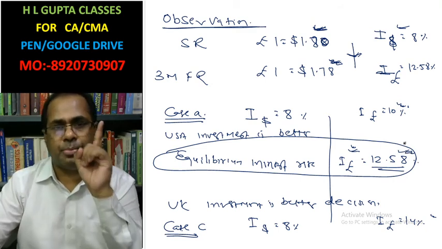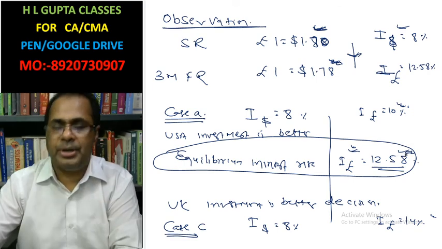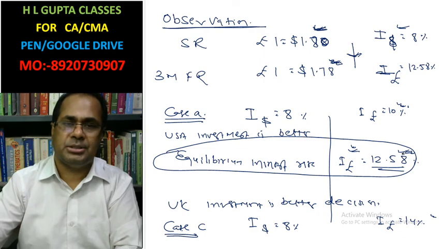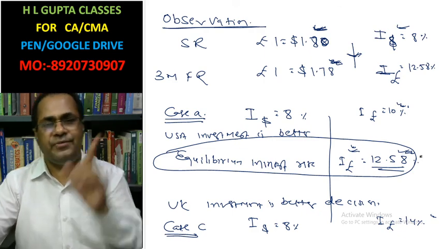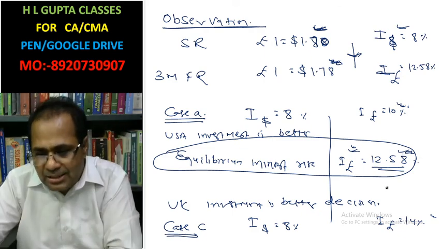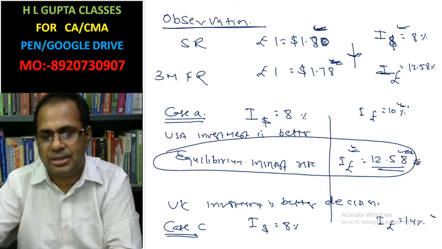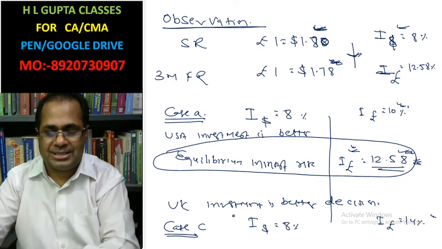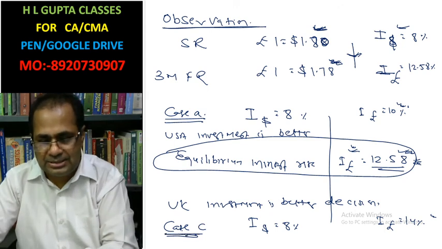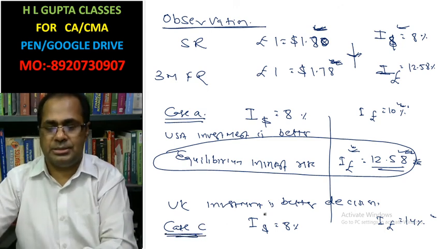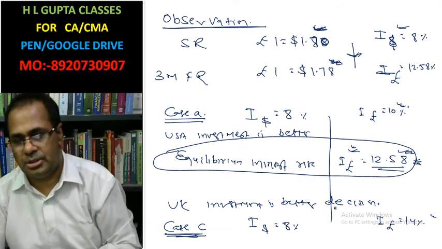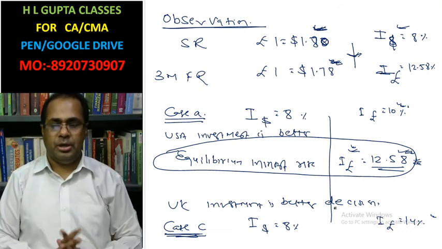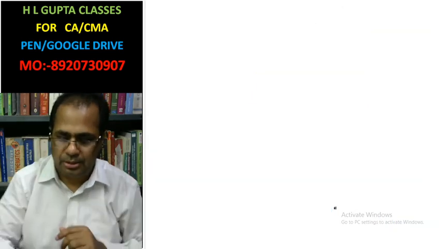Wherever interest rate of pound is less than 12.58%, then USA investment is better decision. And if interest rate of pound is higher than 12.58%, that is seen in part C, in this case UK investment is better decision. Okay, the same thing I am going to write here.